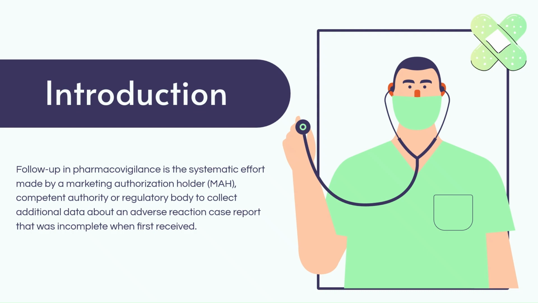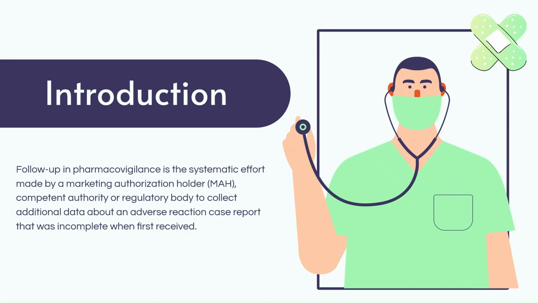Next up, how are these regulatory authorities and competent authorities different? The regulatory authority is a very broad term. It is an organization that regulates medicines, and it can be international, regional, or national. We have the EMA, WHO, and FDA. At the international level, we have WHO.